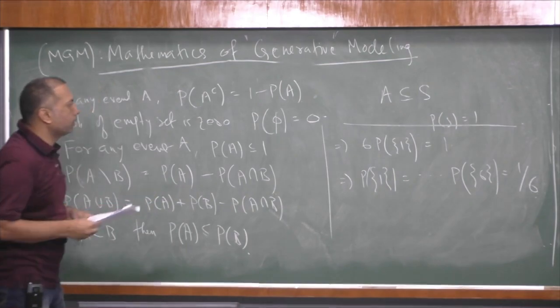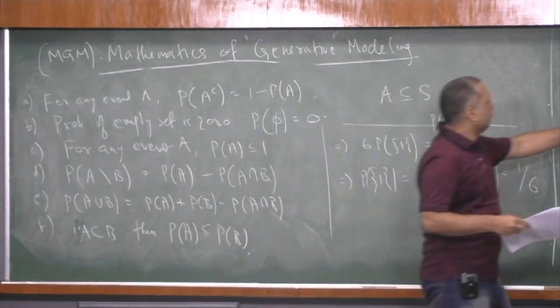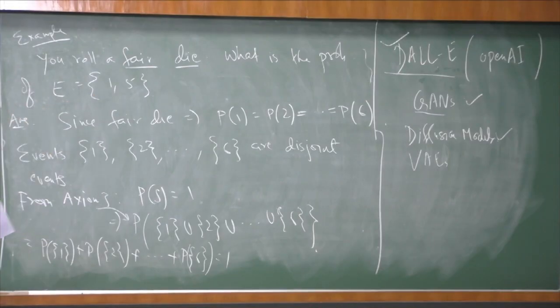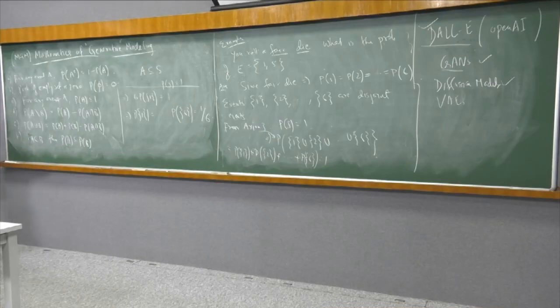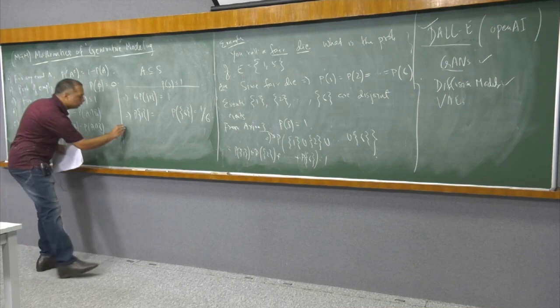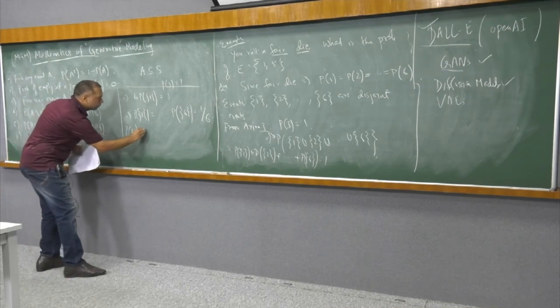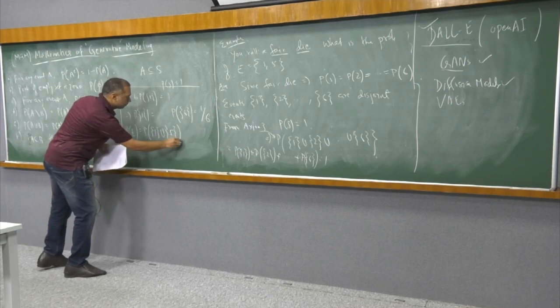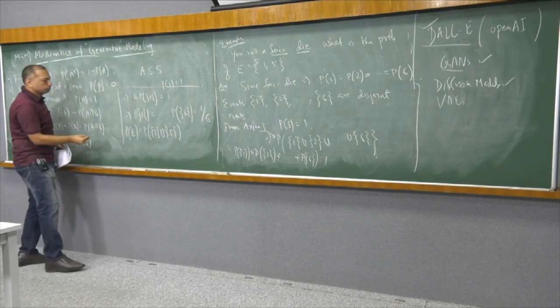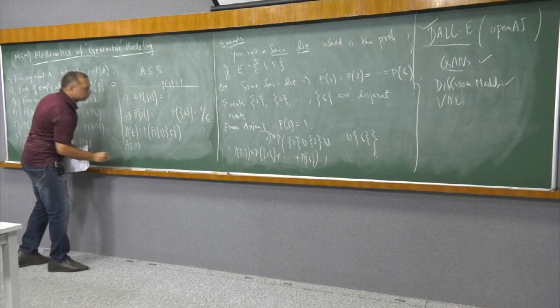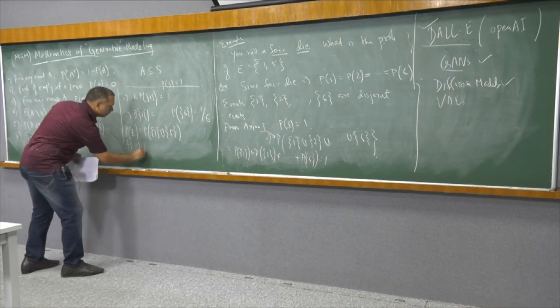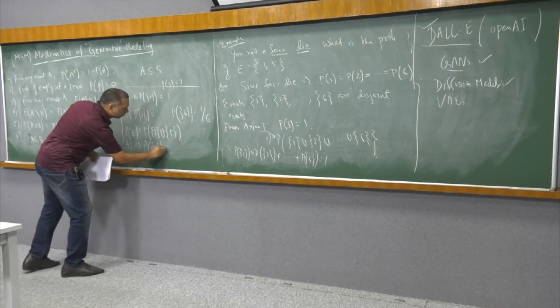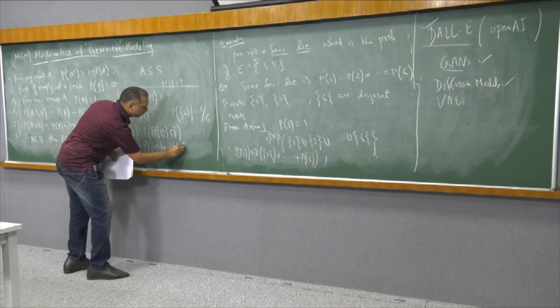And since 1 and 5 are disjoint, I can enforce axiom 3, which again tells me that the probability of the event E is the probability of 1 union 5, which is the sum of these: probability of 1 plus probability of 5.